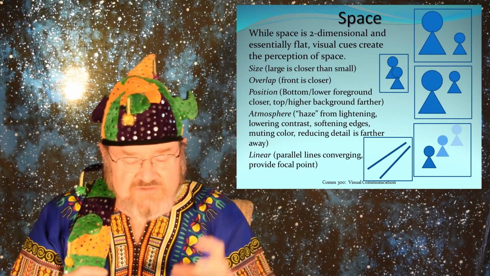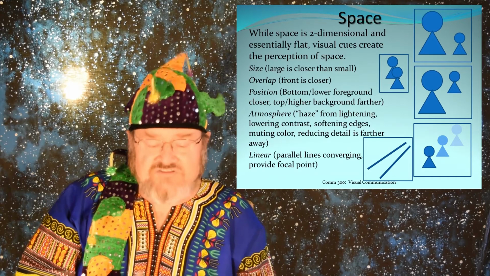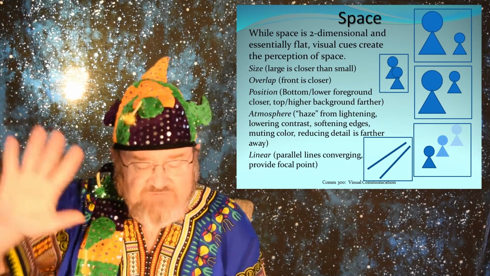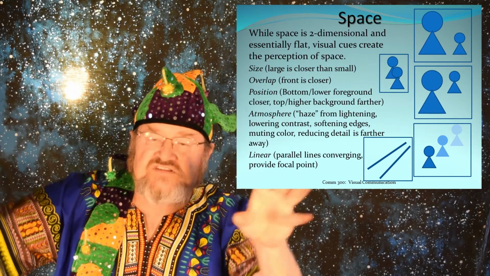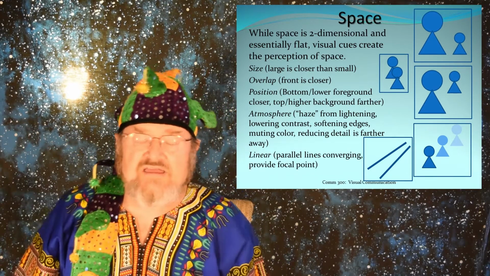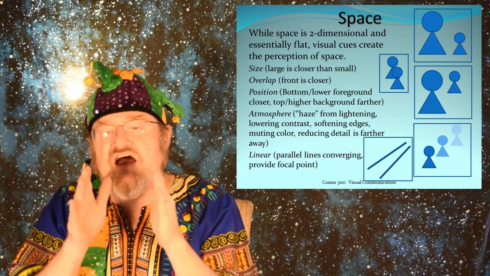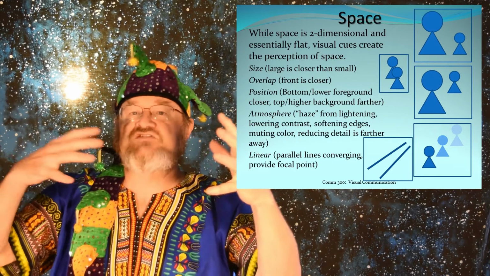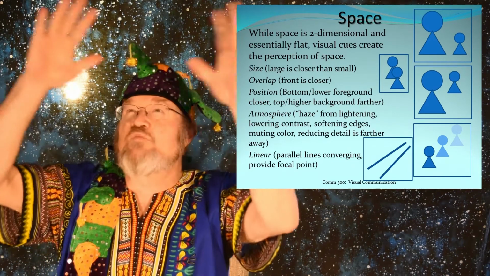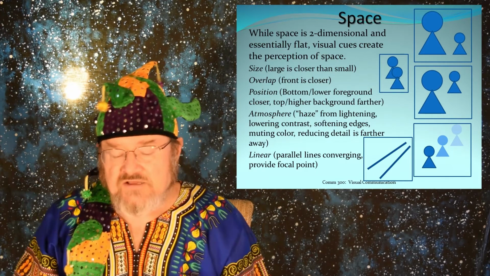Position, what's in the bottom or the foreground is closer to you than what's in the top and farther away. If there's haze or atmosphere, like mountains in the distance, of course those are farther away. And then if it's linear, if you have converging lines or something like that, that'll also show you space. What's close up, what's distant, what's open and unconstrained, what's kind of focused and contained, right? All of those around space.